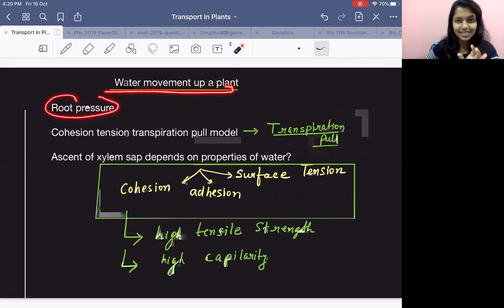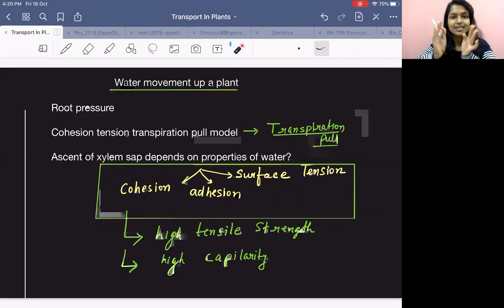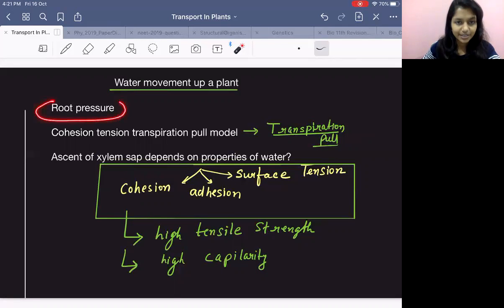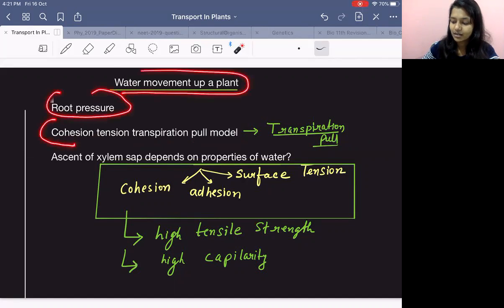We know all the things. Now we are summarizing things properly. We have learned all the terminologies I have taught you before, right? Now we are combining those concepts. Root pressure and what? Cohesion, tension, transpiration, pull model. These two will help in water movement in the upper part of the plant.